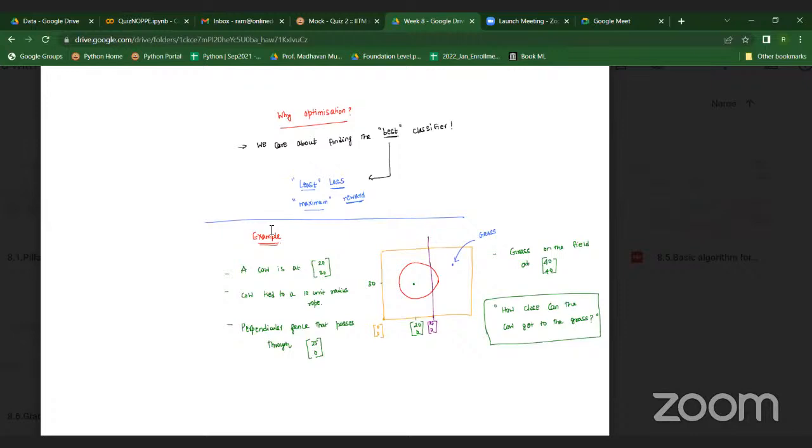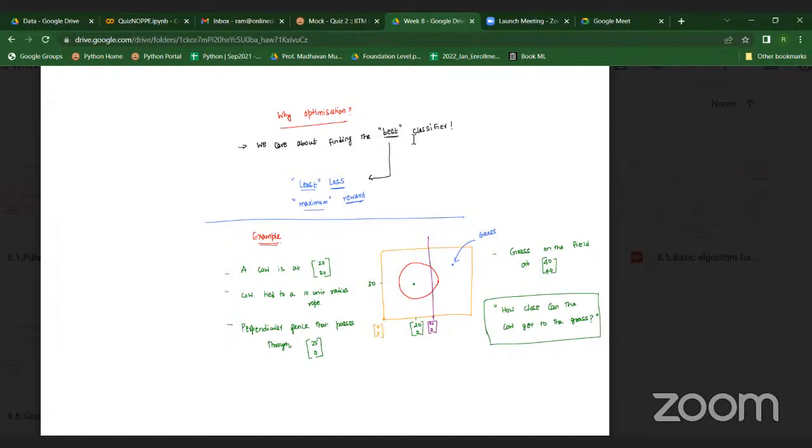For example, we want to minimize the cost to the company, or sometimes maximize the profit to a company. So we want to optimize certain things in our day-to-day life.